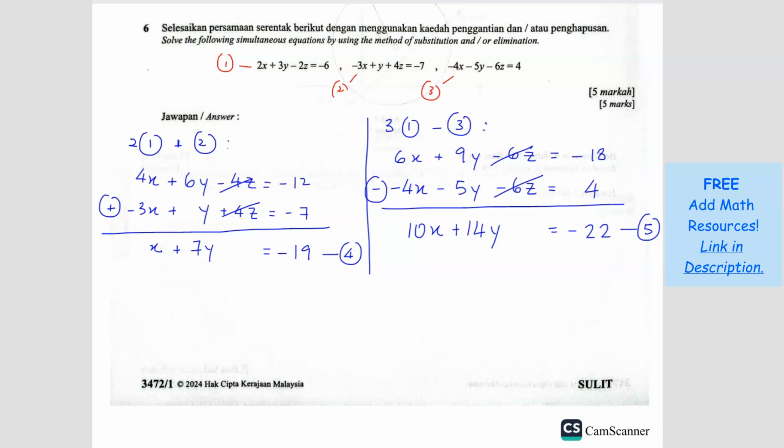Now I can eliminate the next one, which is y. I can make both become 14y, and then I can eliminate.